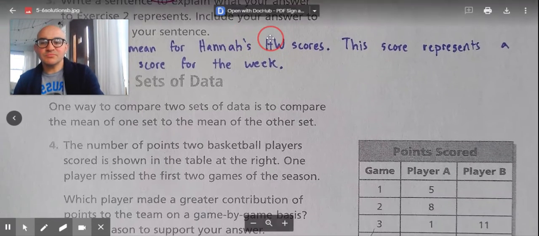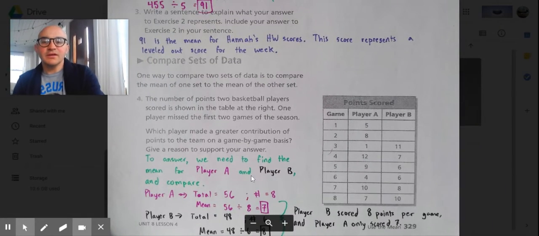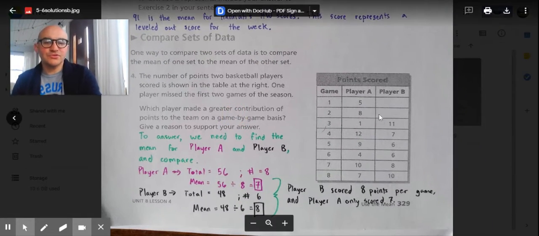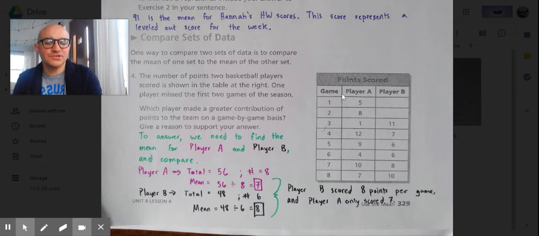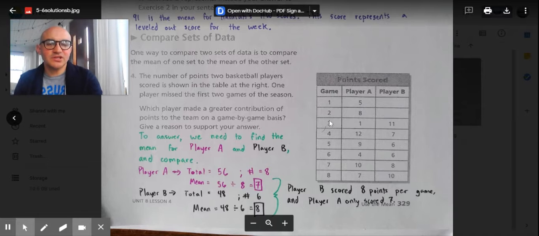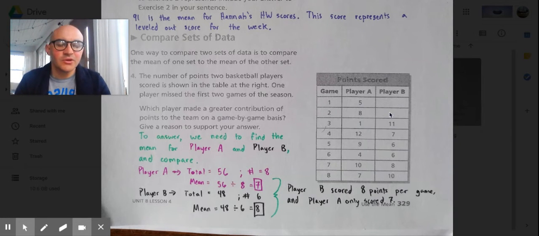All right, problem 4. Maybe zoom out just a bit. Here we're going to use this data table, and it's important that we look at it closely. We're looking at points scored, comparing player A to player B, with the games listed in this column. Player B has a couple of blank spots. Sometimes, as math thinkers, we've tried to fill in missing values in a table by finding a pattern.